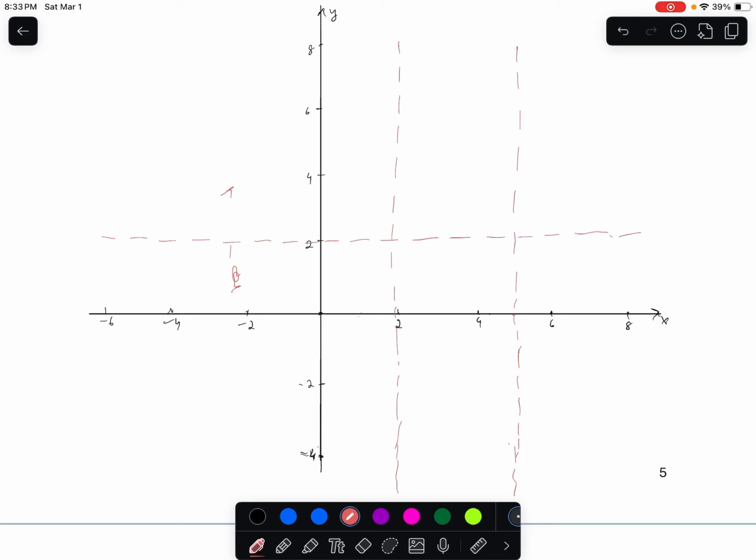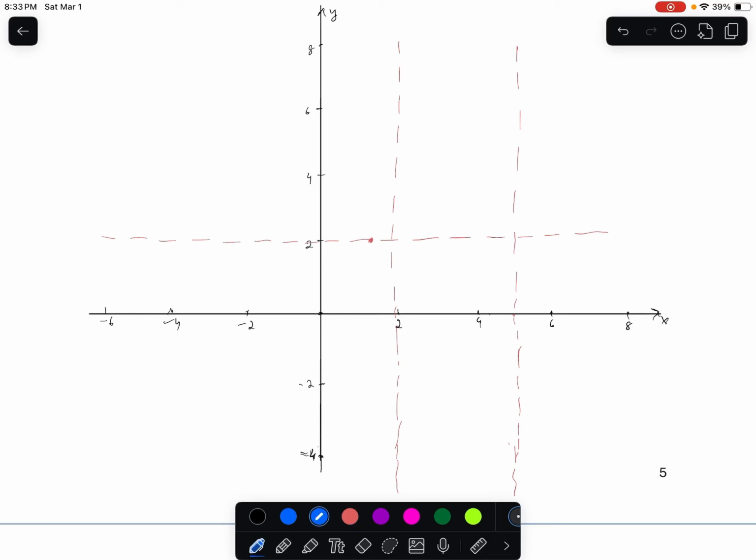So this is your 1.4 over here. So the graph will cross the horizontal asymptote here, not in this region. Cross somewhere here. That's what you need to remember.